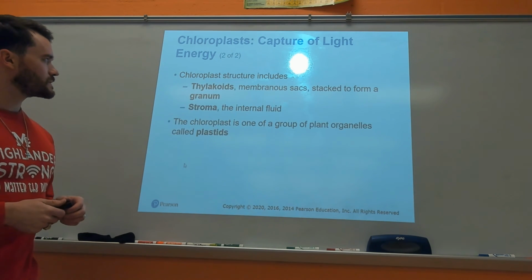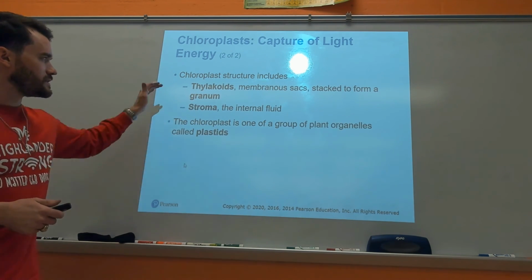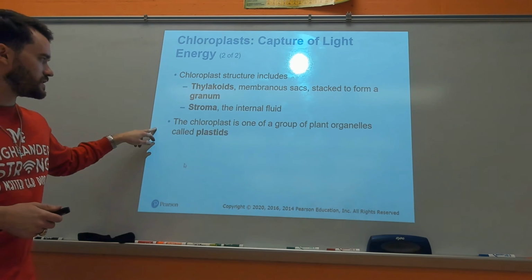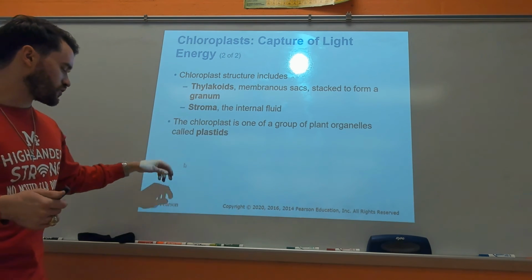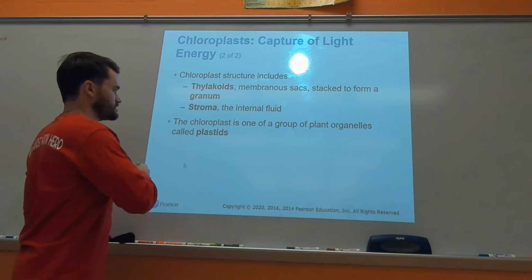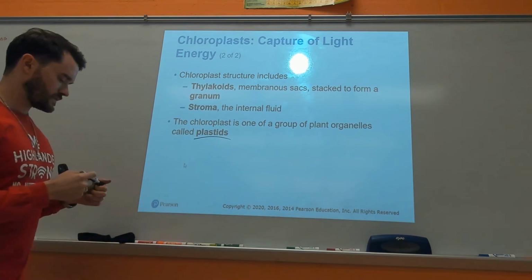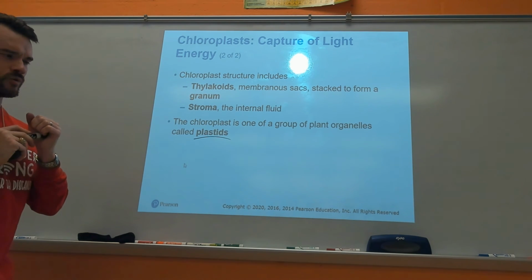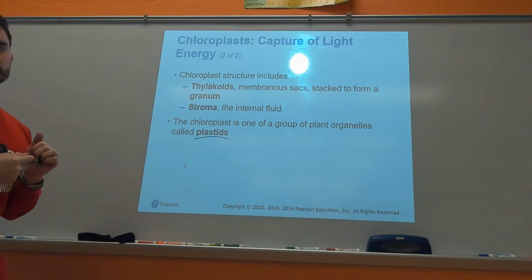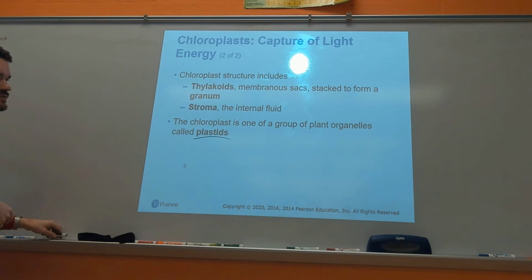Okay. Thylakoid, stroma. And chloroplasts are part of another group called the plastids. We talked about plastids a little bit in Unit 1, looking at the storage of glucose, like starch.